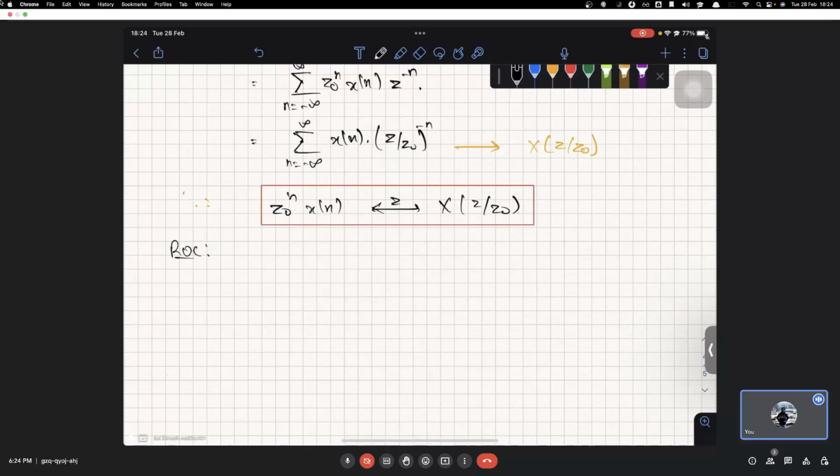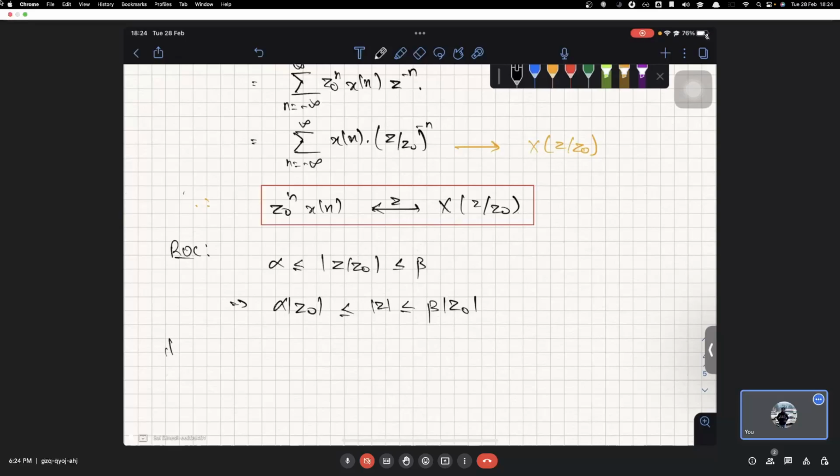If we talk about ROC here, the new ROC will be alpha less than or equal to mod z by z0 less than or equal to beta, which implies alpha times mod z0 less than or equal to mod z less than or equal to beta times mod z0. So basically, depending on the magnitude of z0 that we are multiplying with, it is either a shrinking or an expansion of the z transform.